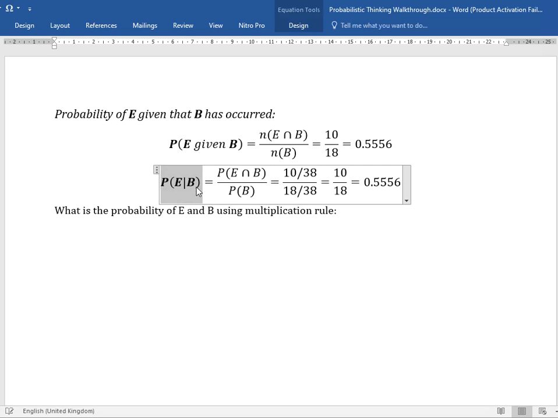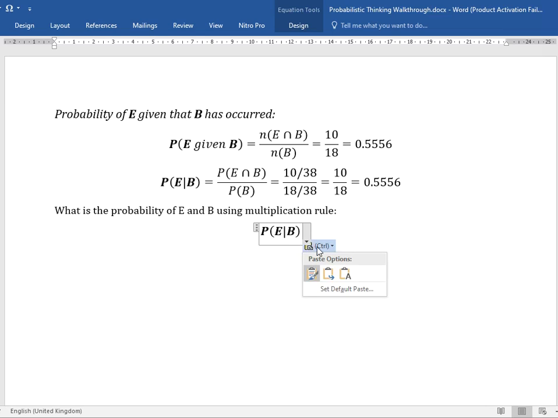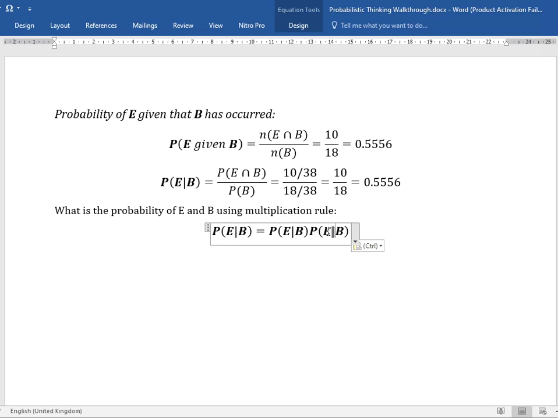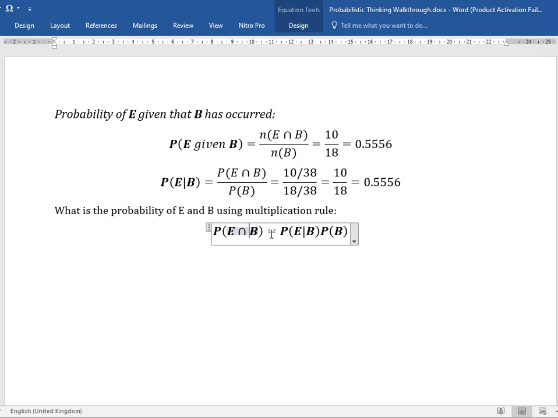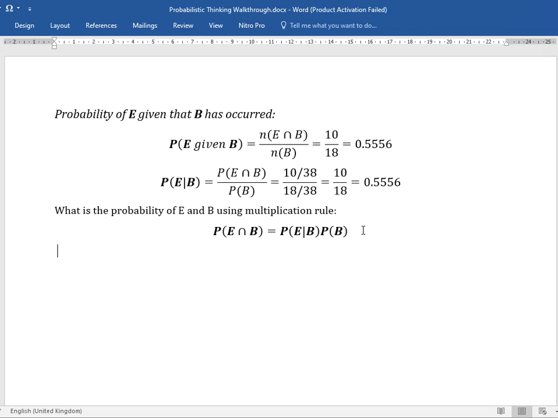So we just need this. We're interested in this, right? So from here, we want to get probability of E intersect B. Of course, you already know this probability, but let's assume we didn't know that.